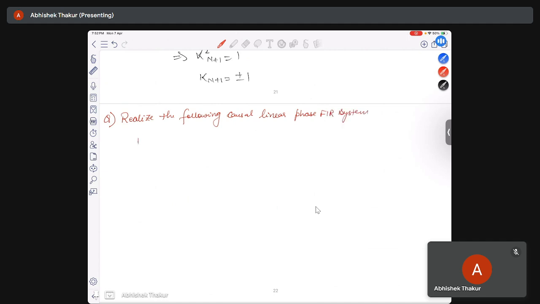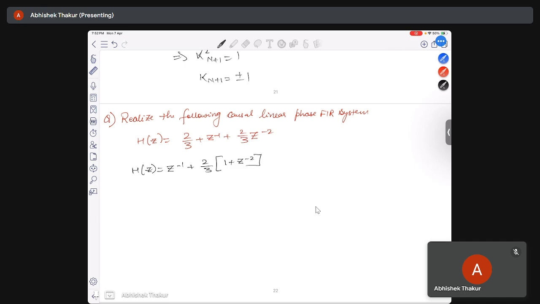And the transfer function is given as 2 by 3 plus z inverse plus 2 by 3 z to the power of minus 2. So here equal valued coefficients we can combine, and now the system function can be written as H of z is equal to z inverse plus 2 by 3 (1 plus z to the power of minus 2).